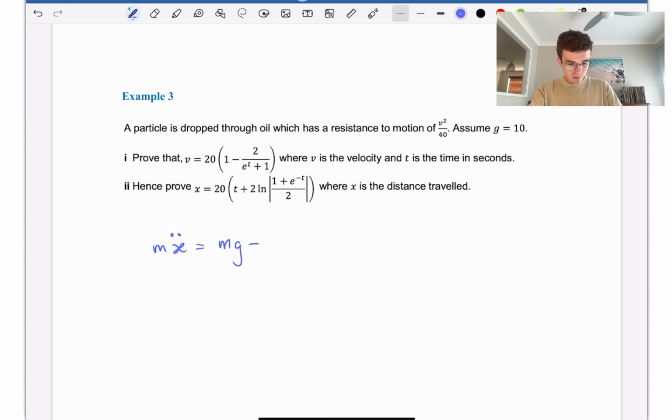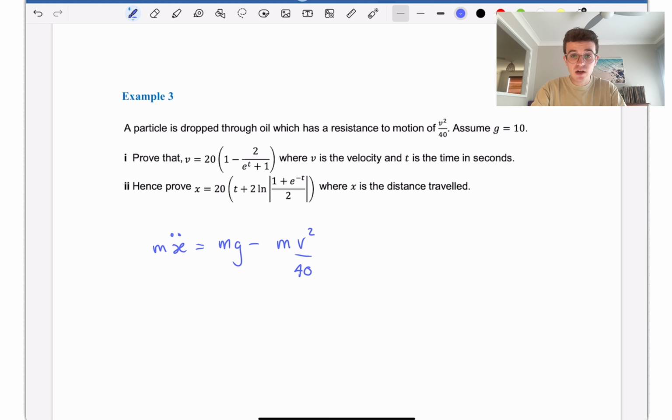Now, something that's going to be, they'll be very, very clear about this in the HSC, but in textbooks they're not as clear when they do this. Notice that in their velocity equation they don't have any m's, which is telling me that my integral is not going to have any m's in it. Now, because of that, what we're going to do is multiply the resistive force by 40.